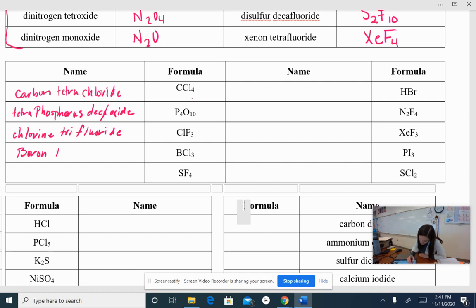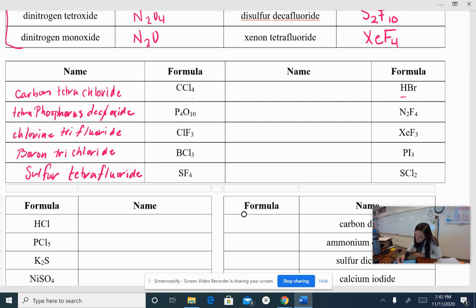And I've got 3, so tri, and chlorine shortens to chlor, and we'll put on ide, boron trichloride. Sulfur, and then I've got 4. 4 is tetra, and then fluorine, the root is fluor, and then I'll put on ide, sulfur tetrafluoride.